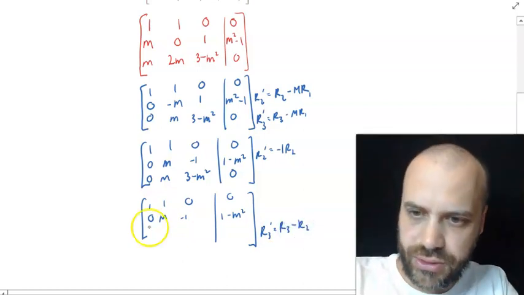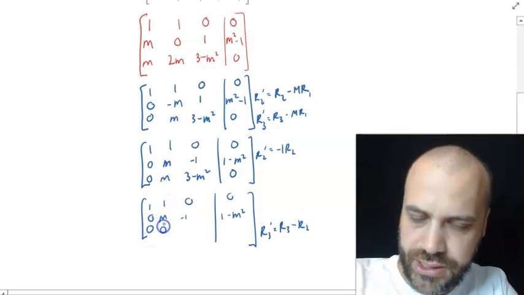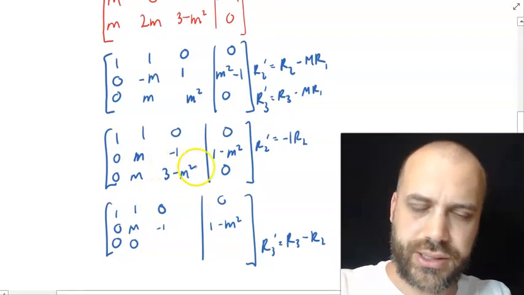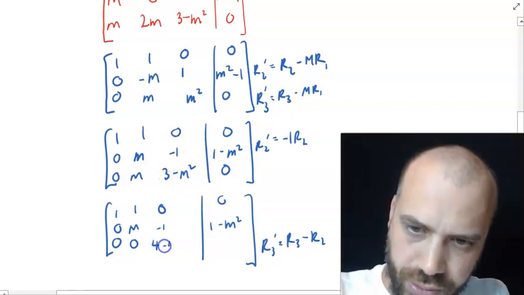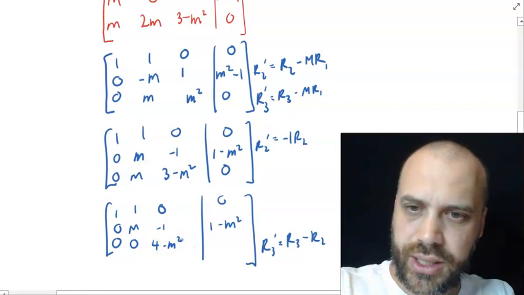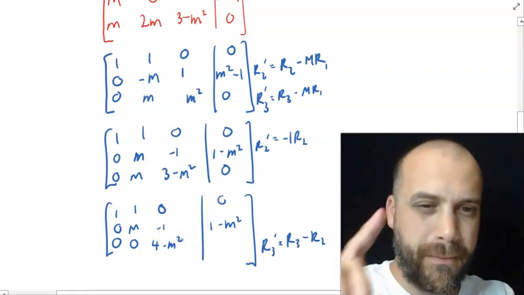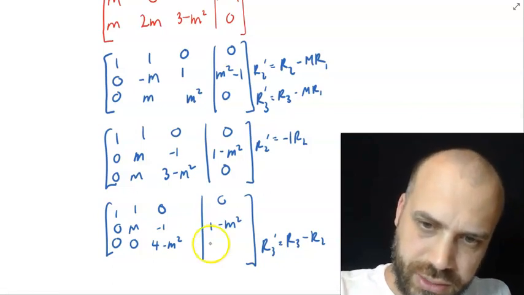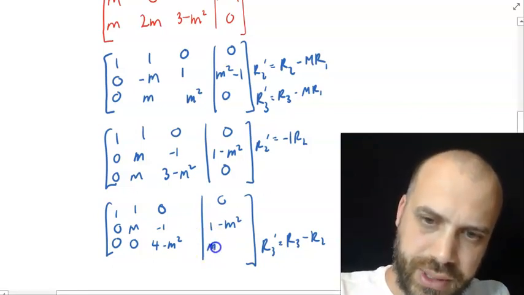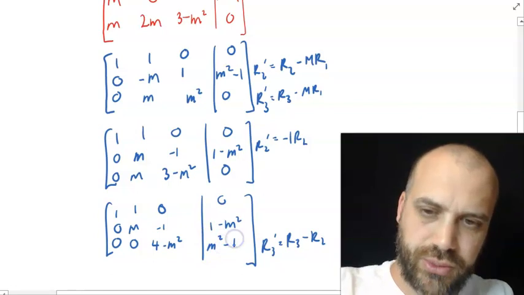So 0 minus 0 is 0, M minus M is 0. Now 3 minus M squared minus 1 is going to be 4 minus M squared. And then 0 minus 1 minus M squared is going to be M squared minus 1.